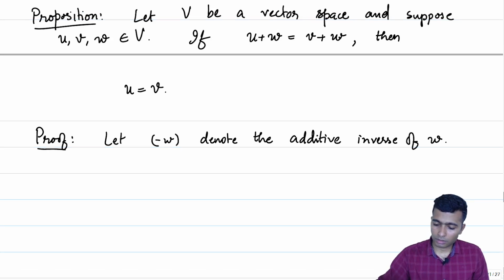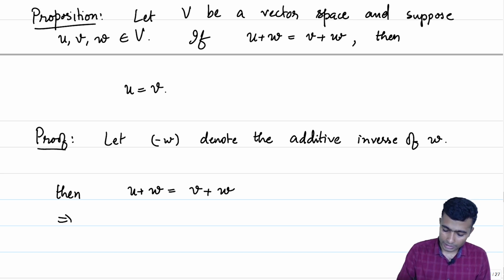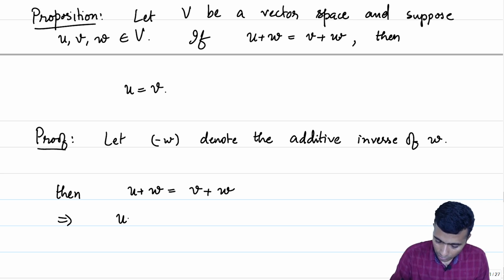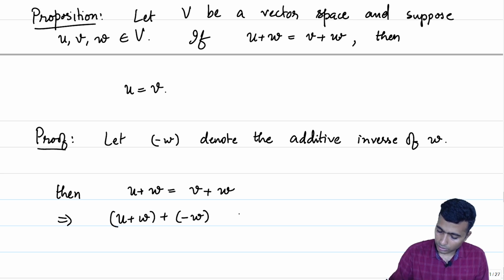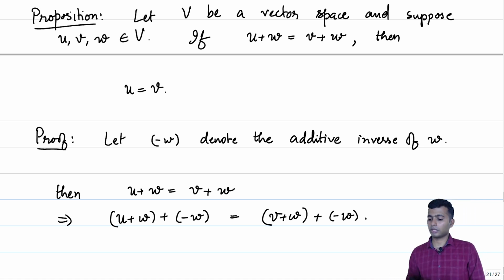Then u plus w is equal to v plus w implies, by adding the vector minus w to both sides, nothing changes, u plus w plus minus w is equal to v plus w plus minus w, right?